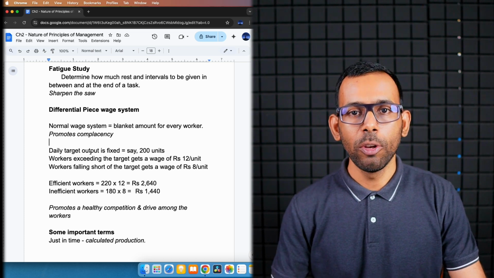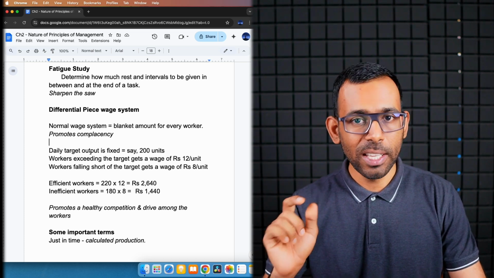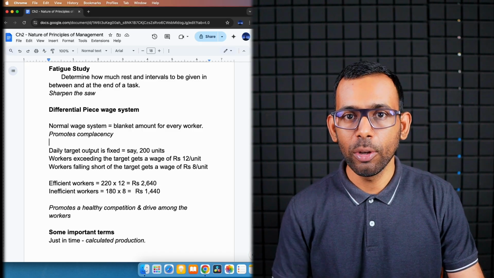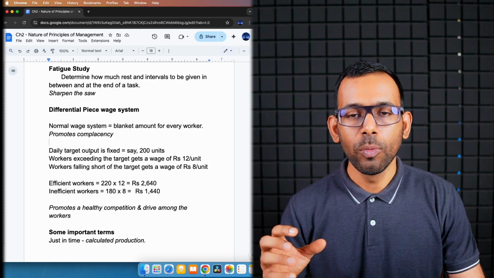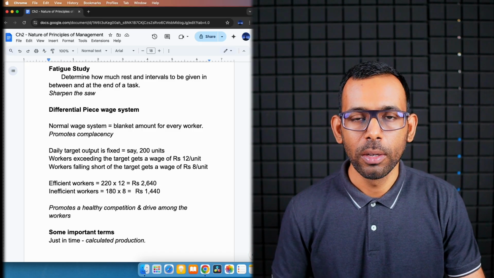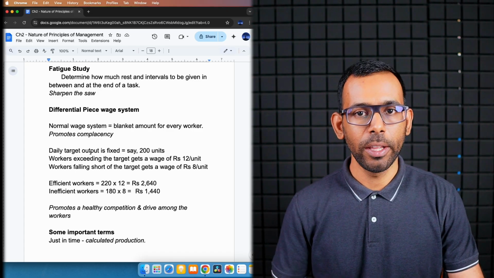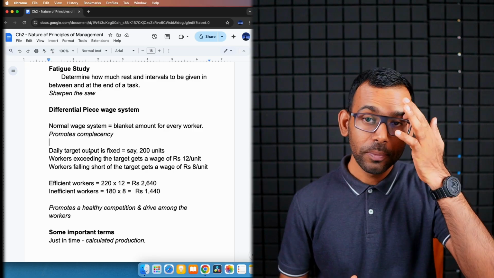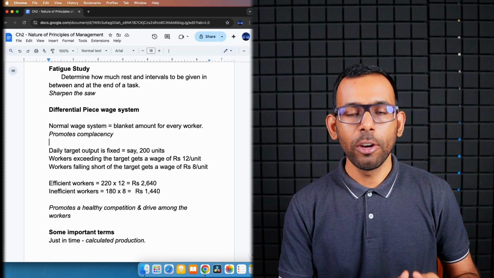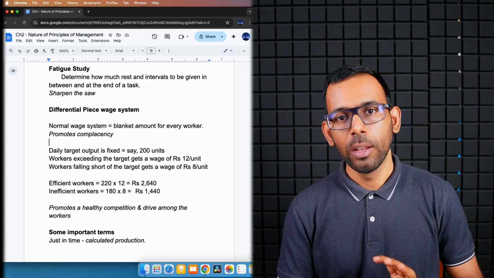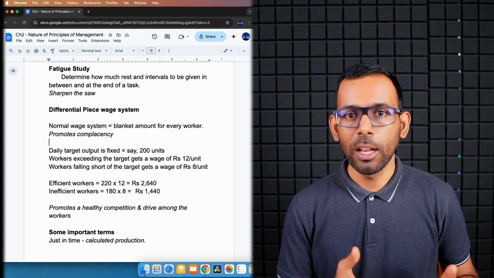Workers, when they know they are going to get a fixed amount of reward at the end of the day, will tend to work slower and slower. They will not bring that enthusiasm into work every day. Let's say you have fixed 300 rupees per worker for 8 hours. It doesn't matter how much he produces.